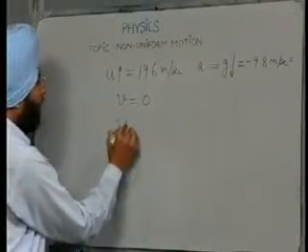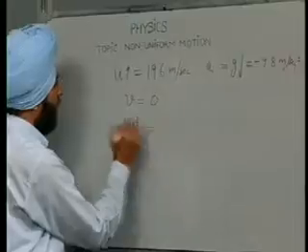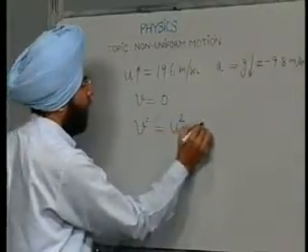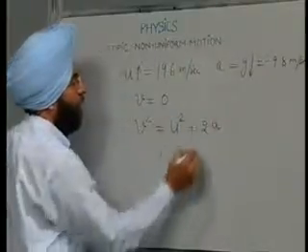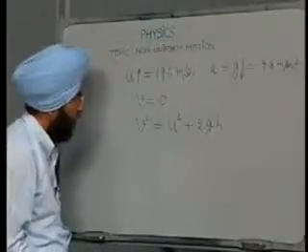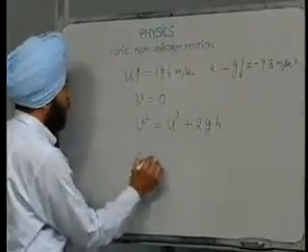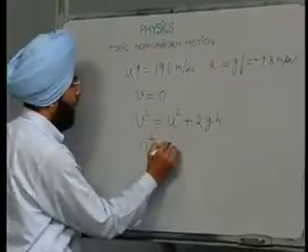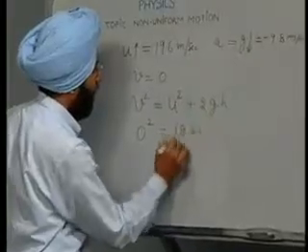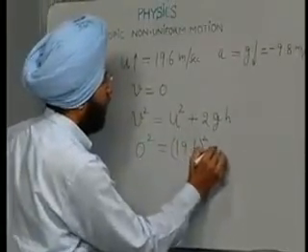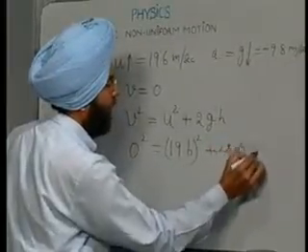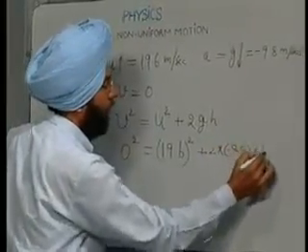So, now we substitute these values in the equation v square is equal to u square plus 2 a s. a is g and s is h. So, v is 0, 0 square, u is 19.6 square plus 2 into minus 9.8 into h.